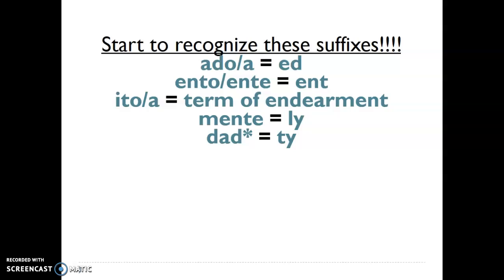DAD, D-A-D, translates to TY in English, and it's always a masculine feminine exception. Sion, whether it's C-I-O-N or S-I-O-N, always has an accent over the O. It translates as shun, and it's always a masculine feminine exception.